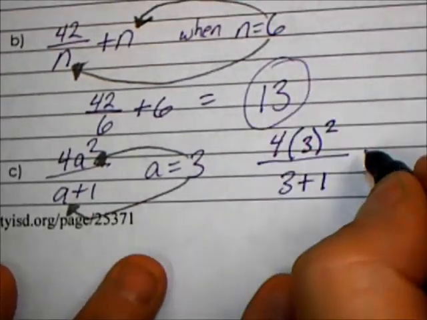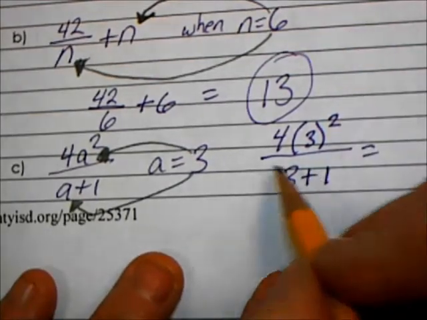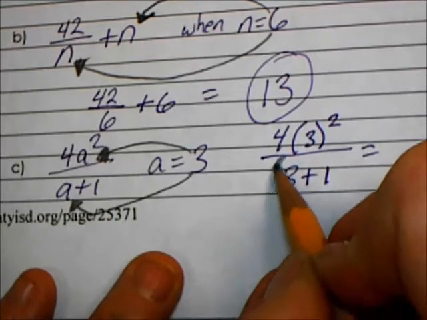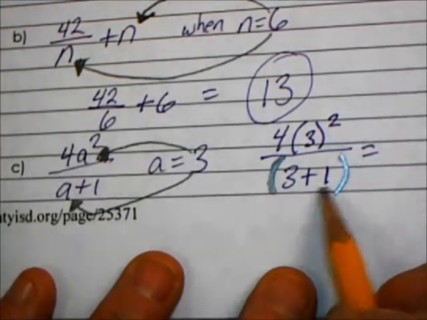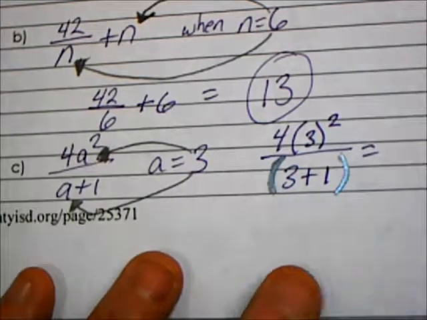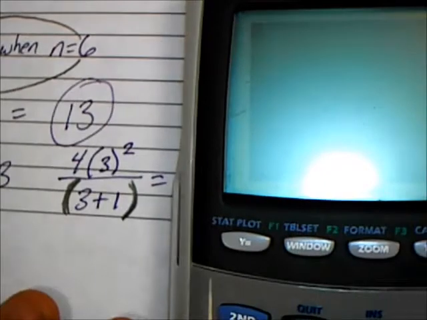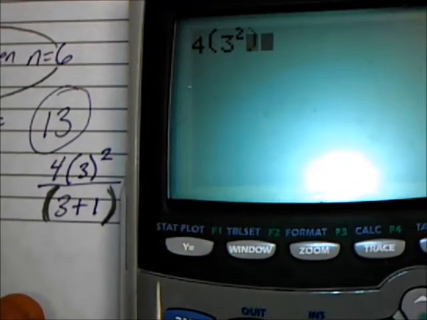Now, when I go to put this in the calculator, I can put this all at once, but there's one thing I need to add, because the calculator will not keep this denominator together. To make sure that it keeps it together, I'm going to put the denominator in some extra parentheses. So the way it's going to look on top, I'm going to have 4 parentheses 3 squared.